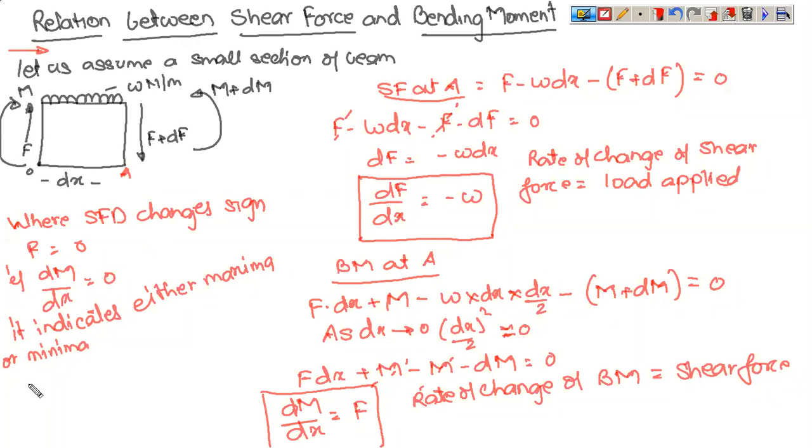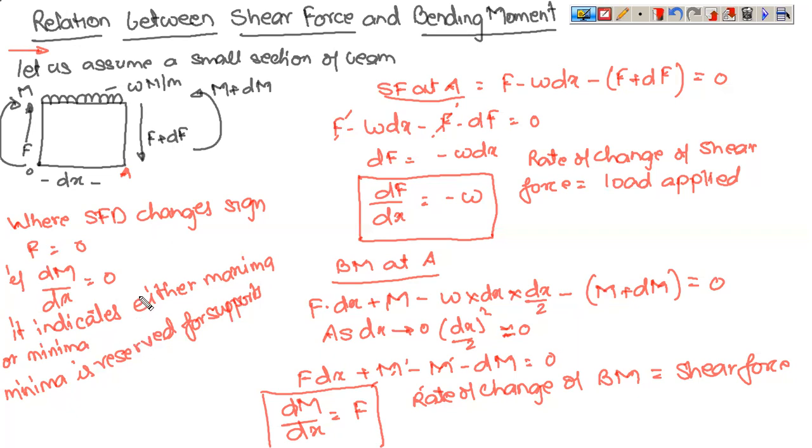So minima it cannot be, because minima is reserved for supports. Wherever you have supports, there the bending moment will have to be 0. So the minima concept is reserved for supports.